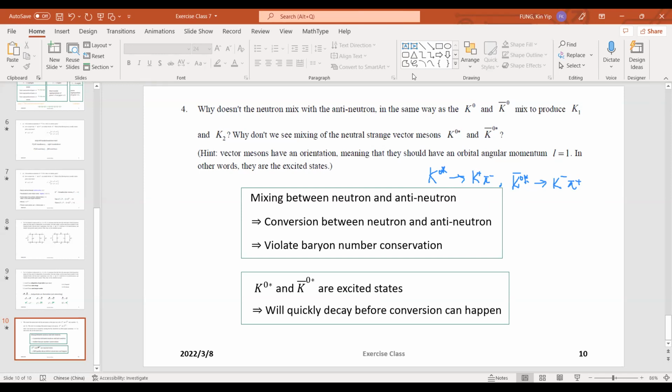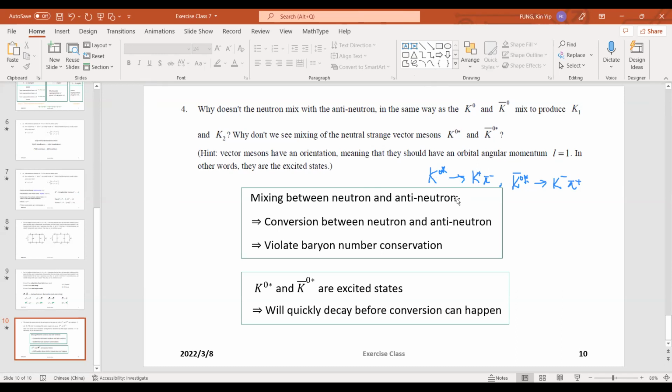Yes, it also depends on the mass difference between your final states and your initial states. That will also be an effect here. So it's hard to say why it is faster, why it is slower.